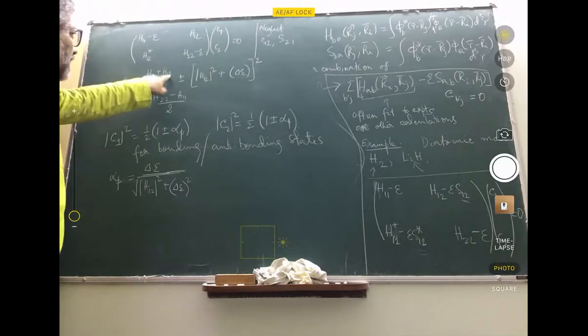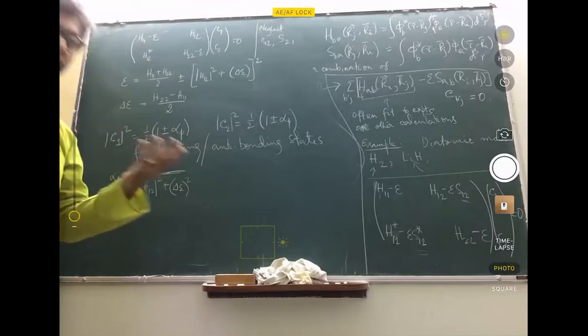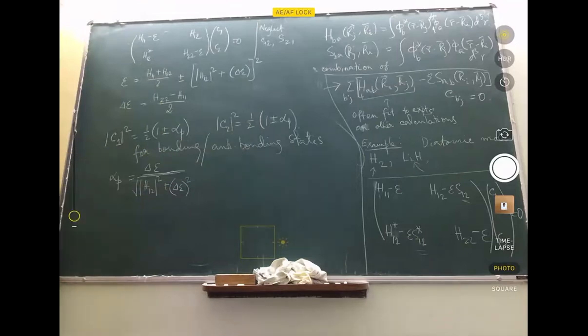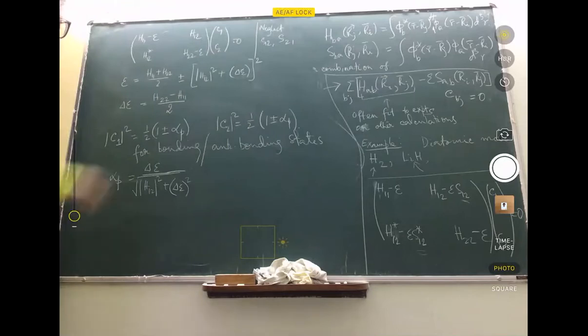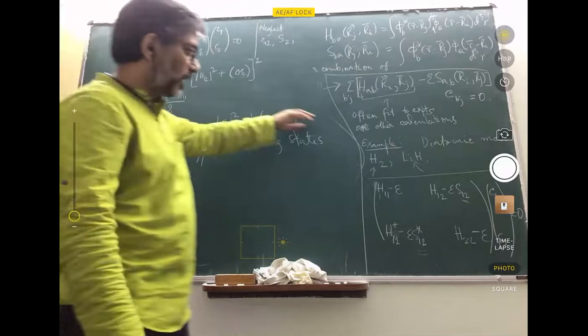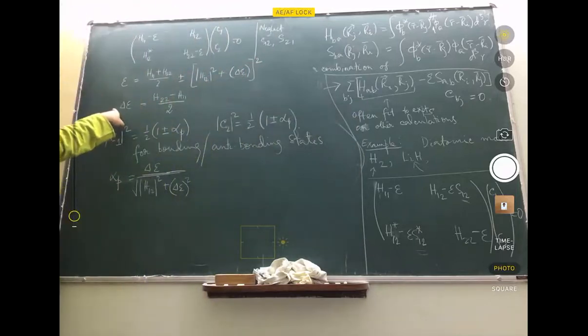So H11, H22, etc. are called on-site energies, and if the atoms are the same in whatever system you have, for example H2, then the two hydrogen atoms are equivalent. Therefore I'll have H11 equal to H22, and in that case this delta epsilon would be 0.